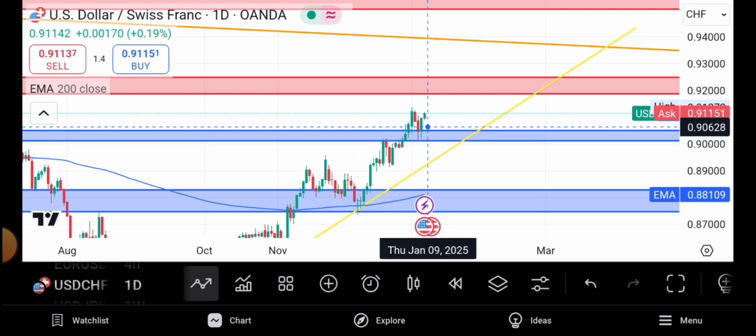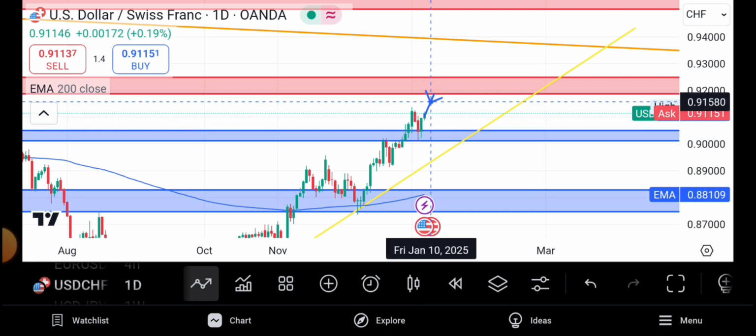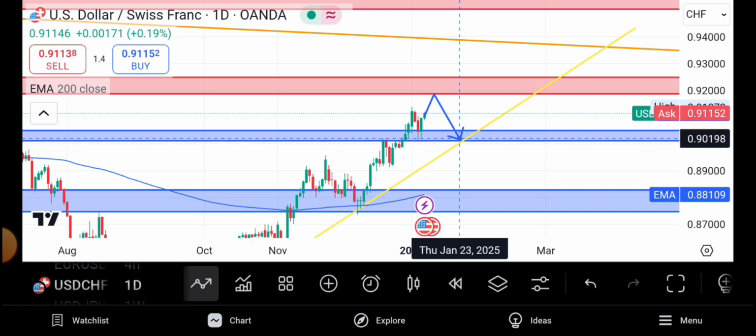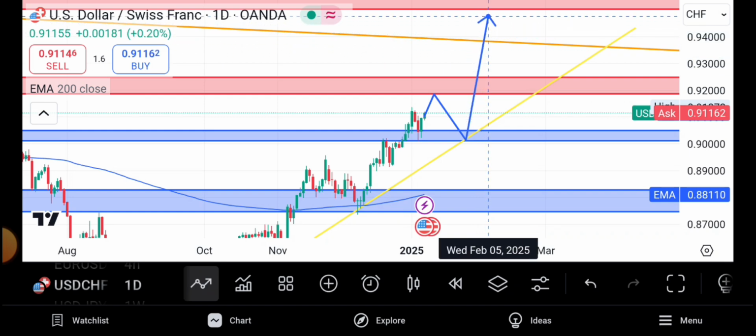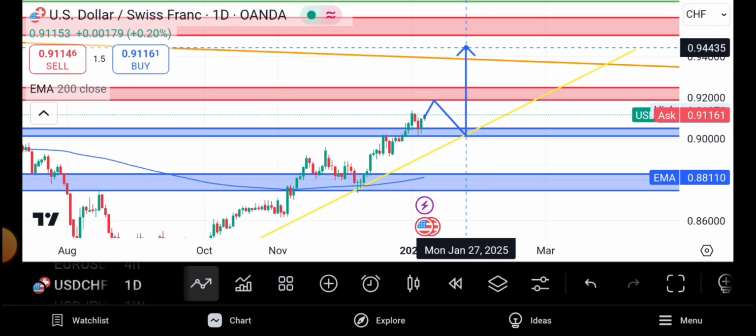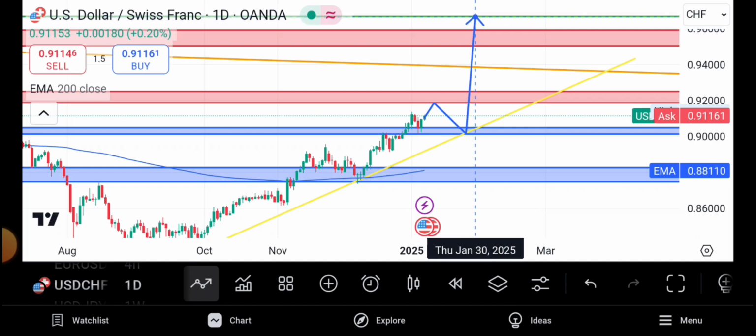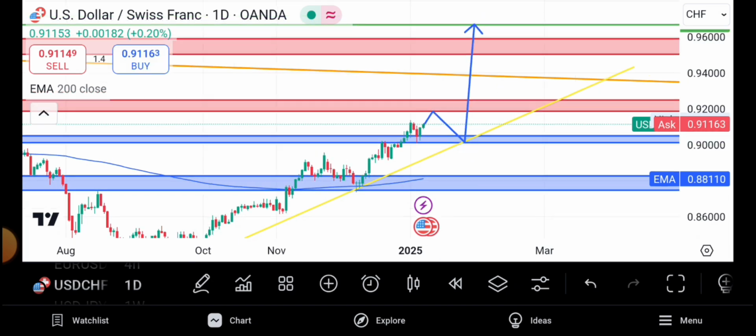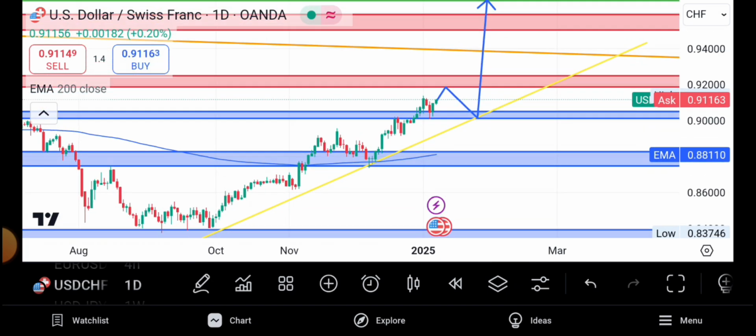If the price action comes like that, remember it has to retest this trend line, then push the market above. Once this trend line has been retested, guys, I'll be sure enough to buy up to where I've told you.